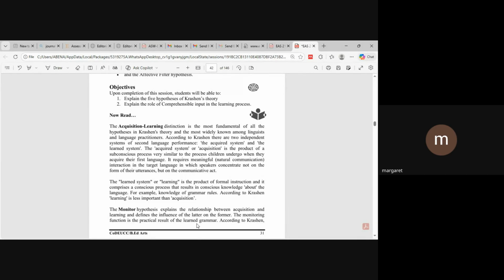It is able to monitor how we communicate with the language. So it is because of the learned system that an individual can write and then say, oh, I've made a mistake here, let me correct myself. At that point, your learned system is being active. It is controlling or editing the acquired system. So that is the meaning of the monitor hypothesis.